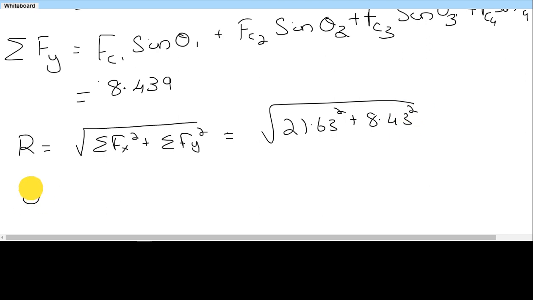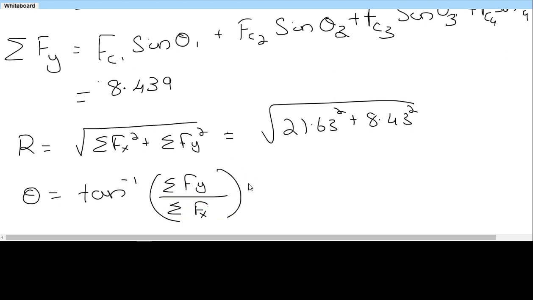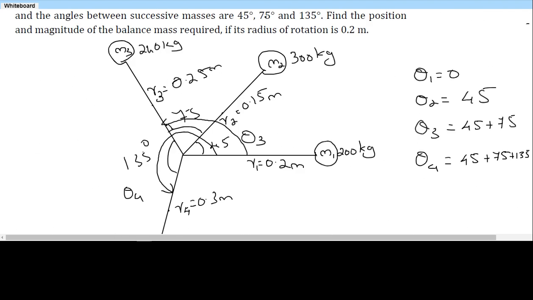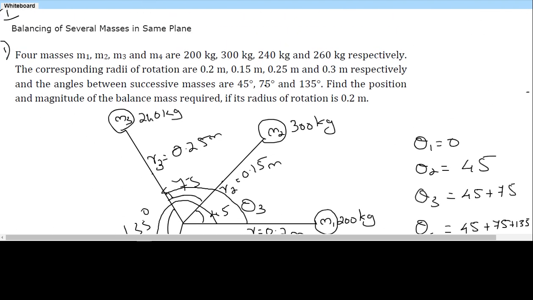And theta, the angle at which this resultant will act, is tan inverse, that I have learned in mechanics, tan inverse of vertical divided by horizontal. So that will be tan inverse of 8.439 divided by 21.63. That will come around 21.31 degree.